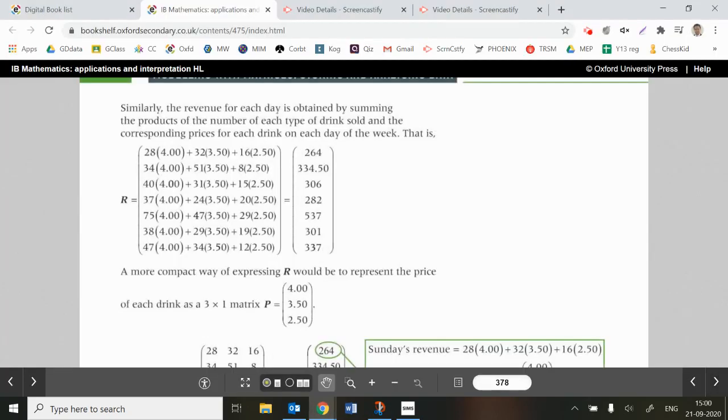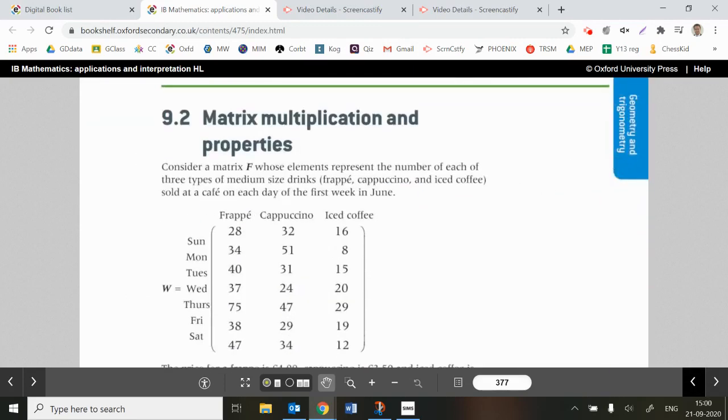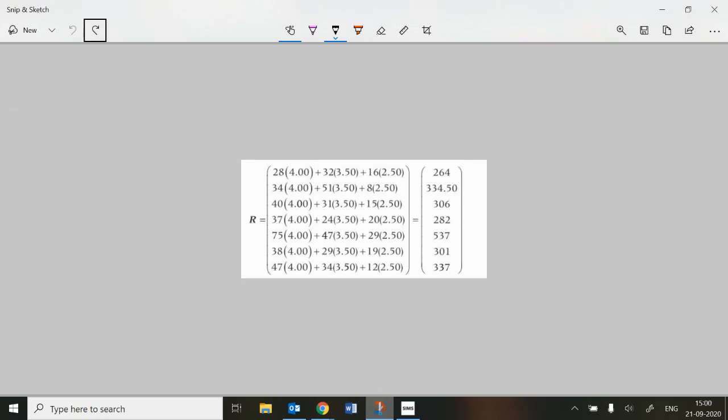My apologies, I'm just going to check back on this one. What were the days for Sunday? Okay, so this is giving us Sunday here, all of these ones put together here. Now, this actually comes from a multiplication of matrices, and we'll see that in a second. But you can see that what they've done is they've taken a 3 by 7 matrix.